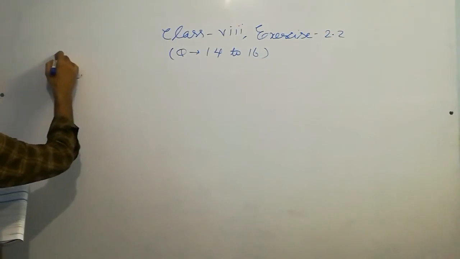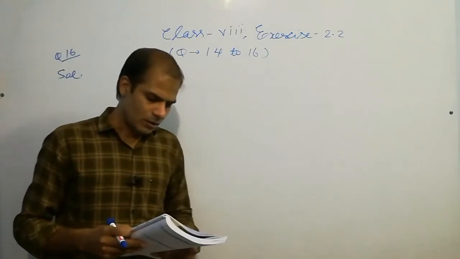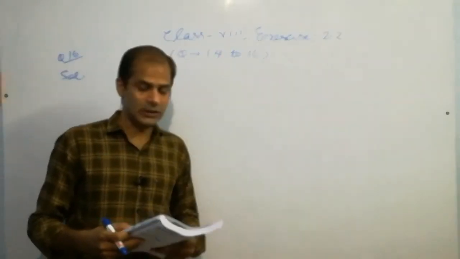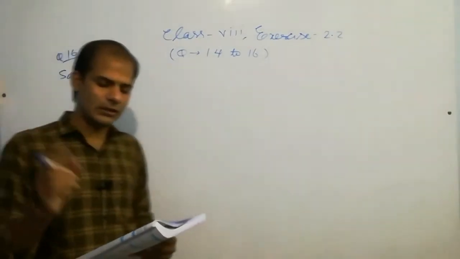This is question 16. It is given that the number of participants is 63 and the total money distributed will be 3000.